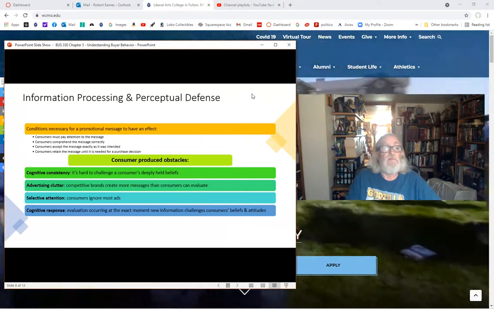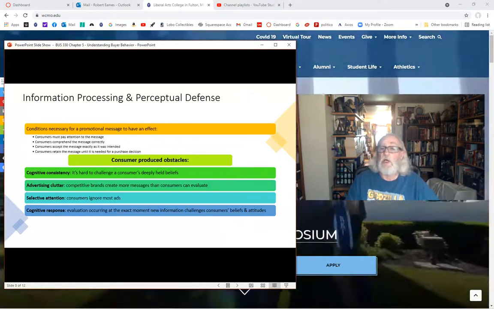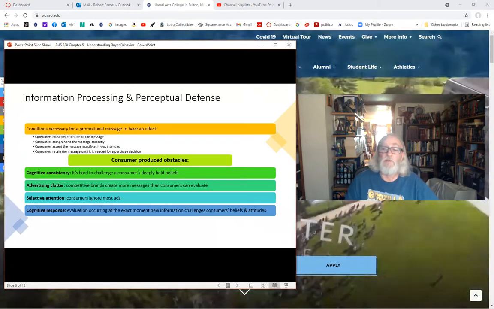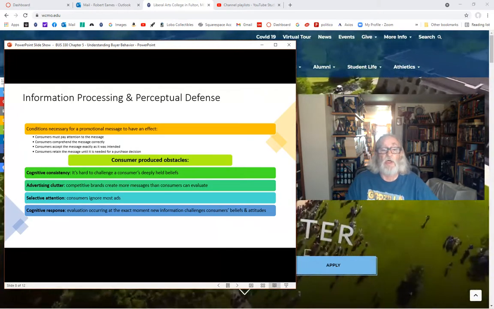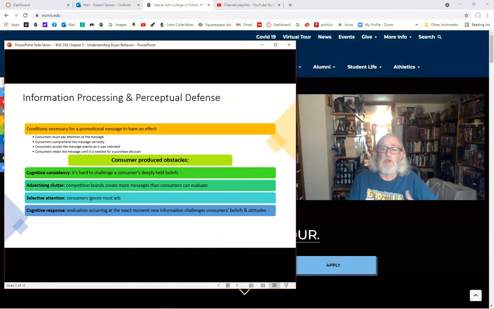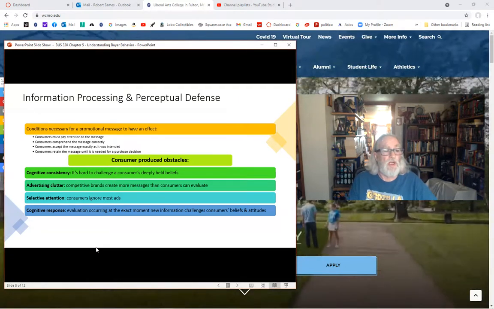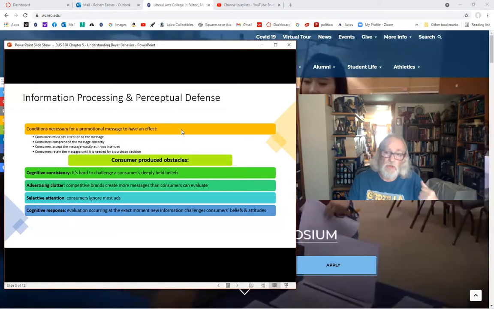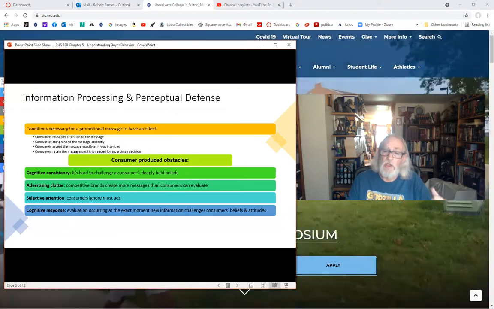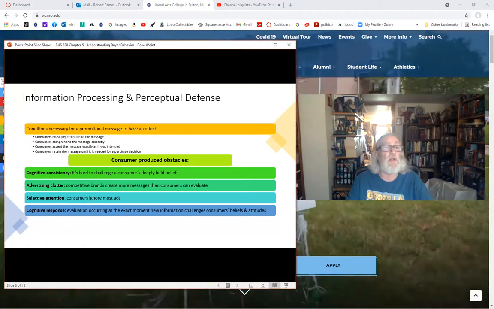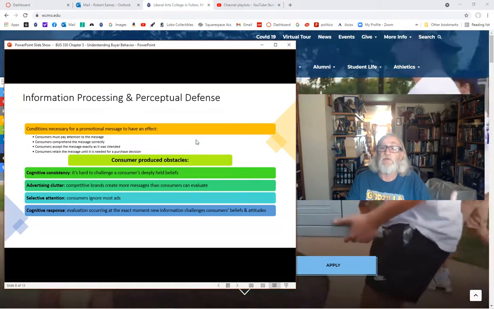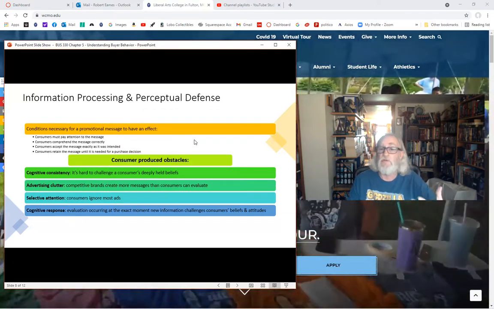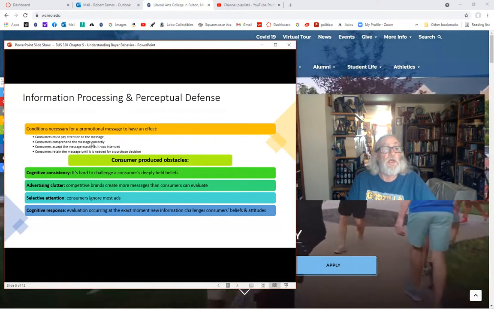So we do a lot of information processing, and we also block out a lot of information because as consumers, we are certainly bombarded with so much information, much more than any of us can handle. And so if a promotional message is going to break through all of that noise and clutter and cognitive dissonance that's out there, then we've got to get them to pay attention to the message somehow. That's why we do see such a variety of approaches.